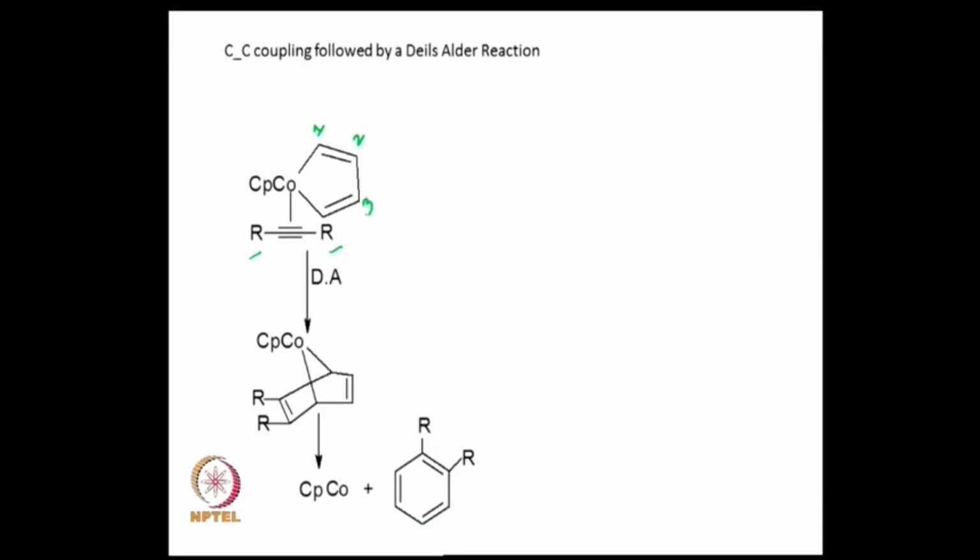These are the 4 carbon atoms which form the diene, and these are the 2 carbon atoms from the acetylene which form the dienophile. So, the diene and the dienophile react together such that a new bond is formed between atom numbers 4 and 5 and atom numbers 1 and 6. So, that results in a bicyclic intermediate, which is pictured here.